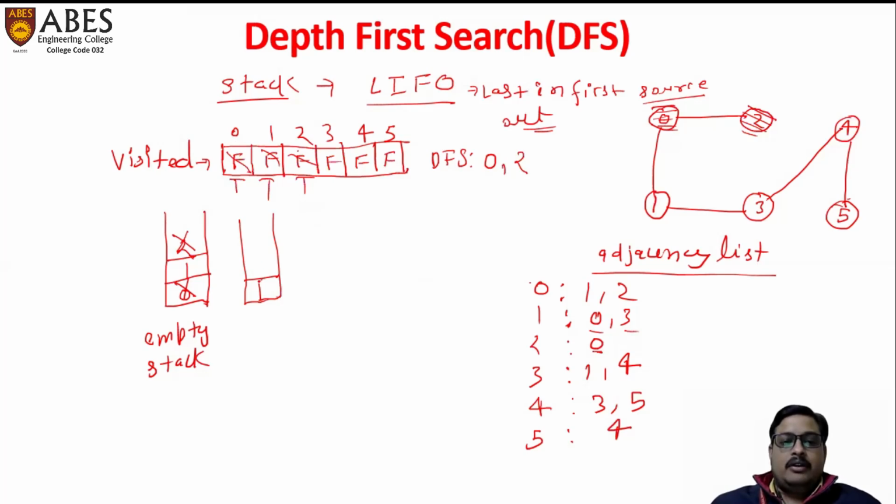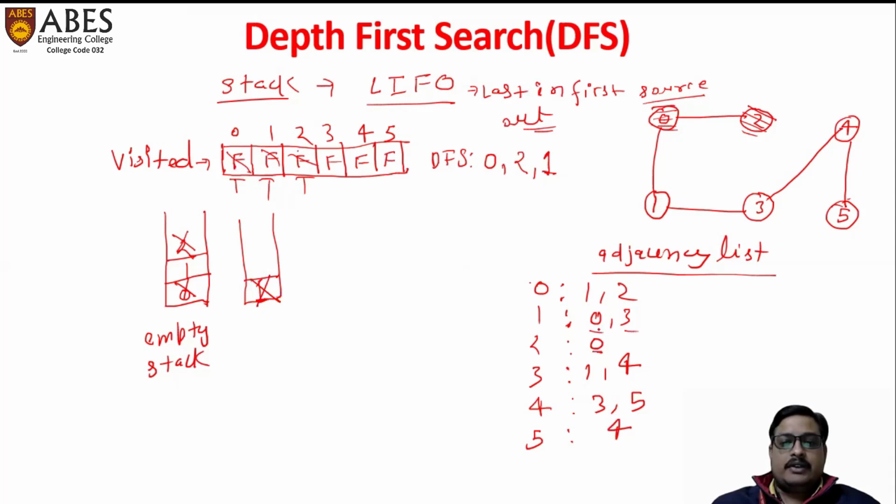Now again we'll pop the top symbol from the stack, which is 1. So we'll remove this 1 from the stack and add to the DFS list. And after this, we'll find out the adjacent vertex of this 1.